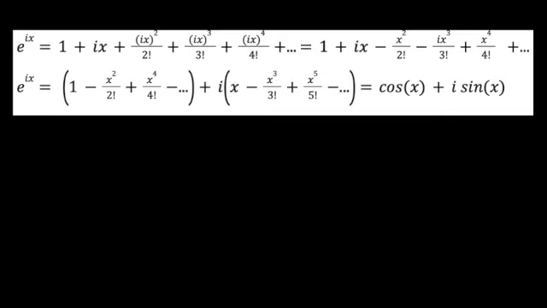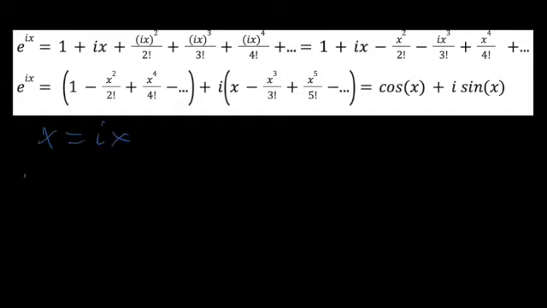Now, this is also particularly useful for e to the x. And so as you can see, what we've done here is we've substituted x for ix. And what this means is that when we plug it in, we end up being able to combine terms and change the signs of some terms. But this all relies on powers of the imaginary number i.